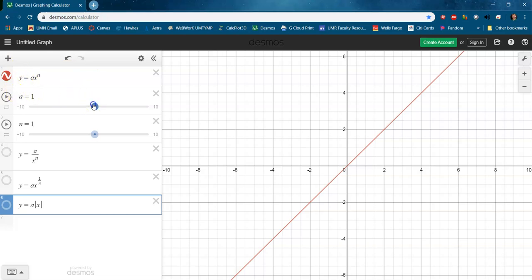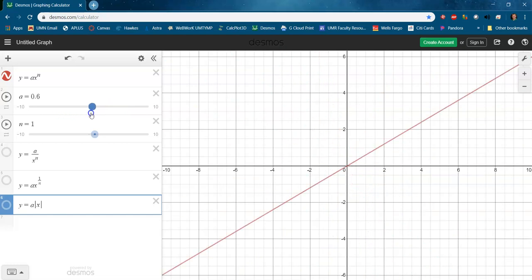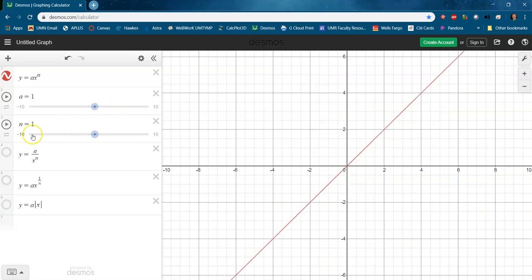So if we increase a, what happens? Well, a is just going to make it increase or decrease quicker. That's really all a does. So a is a scaling. It makes you go up faster or down slower. Now n: here I don't think I can set this to be an integer, so we have to play around a little bit carefully.